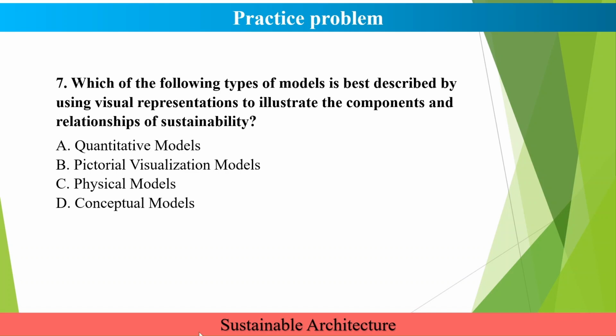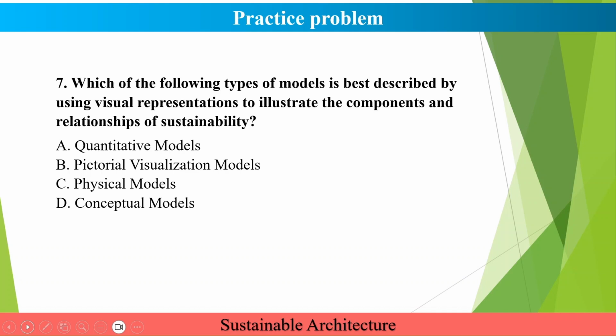B. Option B. Rina is also saying option B. So what about others? Which of the following types of model is best described by the visual representation to illustrate the components and relationship of sustainability?